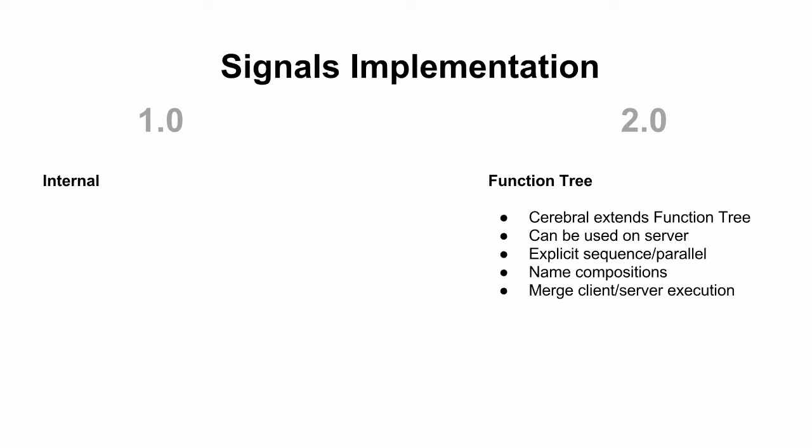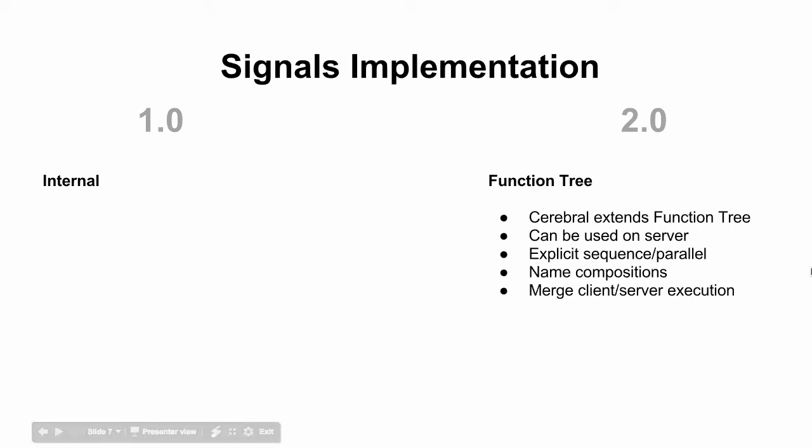So if you have a signal that uses different parts of other signals, you will actually see that in the debugger, and I will show you that shortly. What's even more awesome about this is that we can actually merge client-side and server-side execution. And in Cerebral 2, there is an implementation of this with Firebase. So I'm going to demo that for you now, I think.